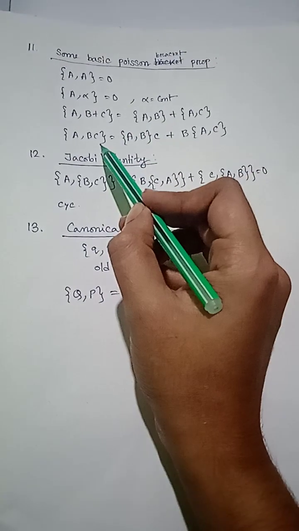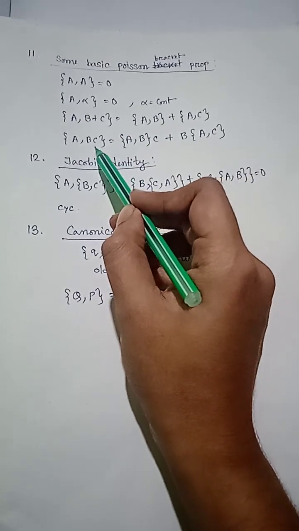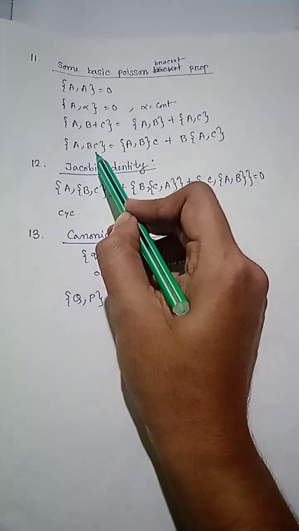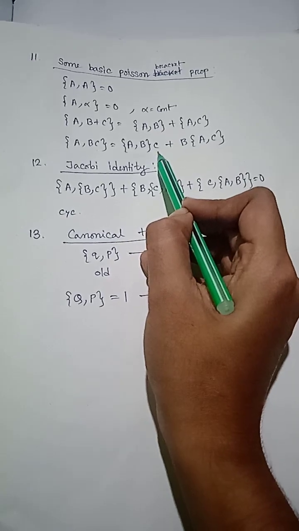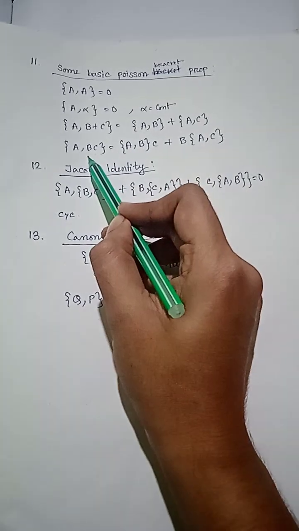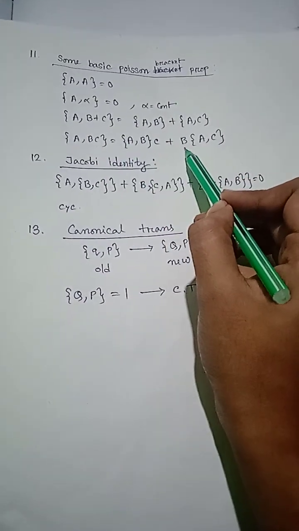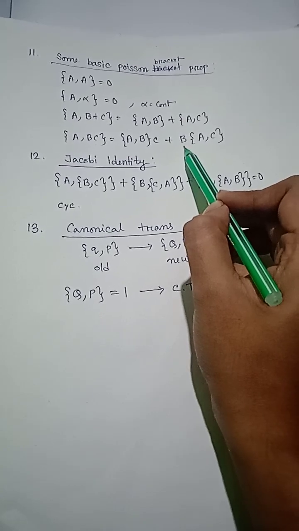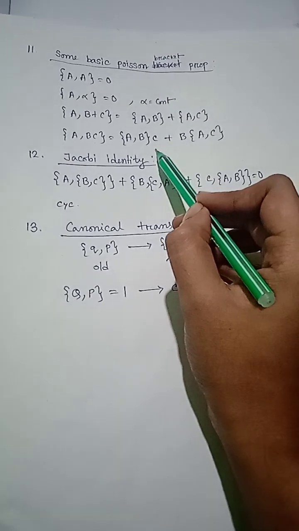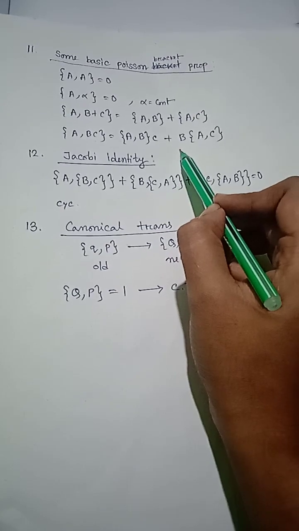Look, if c is in this position, we'll write it here only, and if b is in this position, we'll write it before the Poisson bracket. For classical case it will not matter, but in case of quantum it will matter.